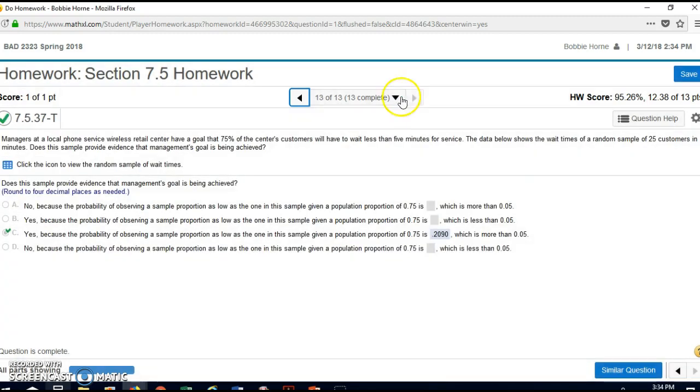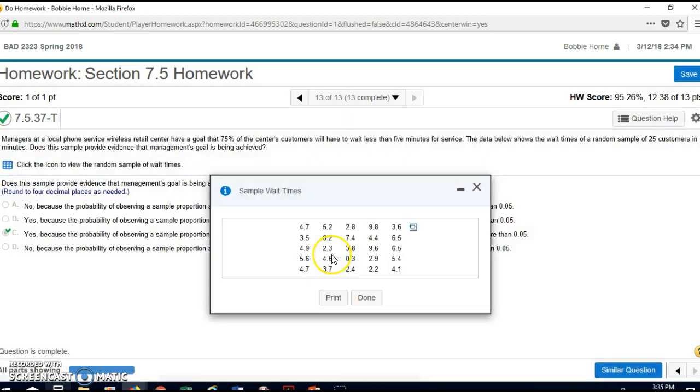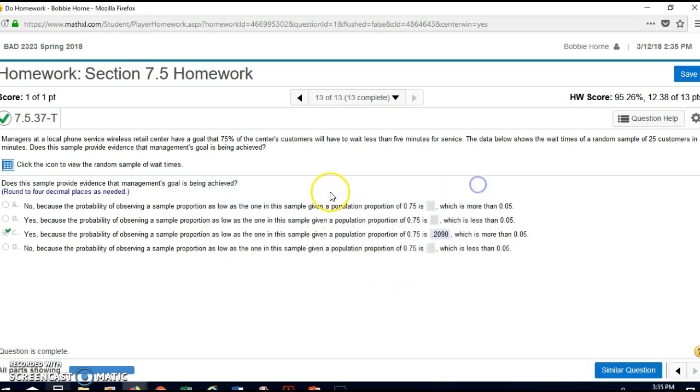And then on question number 13, managers at a retail store have a goal that 75% of the customers will have to wait less than 5 minutes. Okay, and we can look at a sample here. So what I had to do is figure out what proportion of the customers waited less than 5 minutes. I had to count the number of times where it was less than 5 minutes.